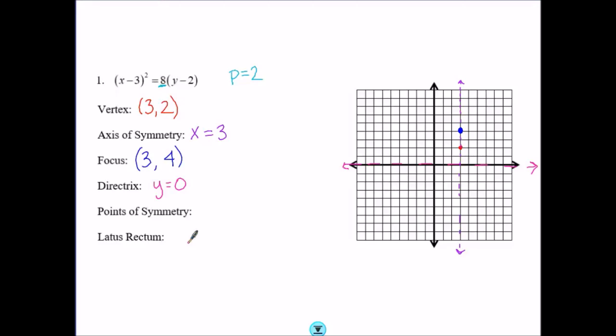Then we know our points of symmetry are 2p units left and right of the focus. So from the focus, we want to go 2p units, which would be 4 in each direction, and those 2 points are our points of symmetry.